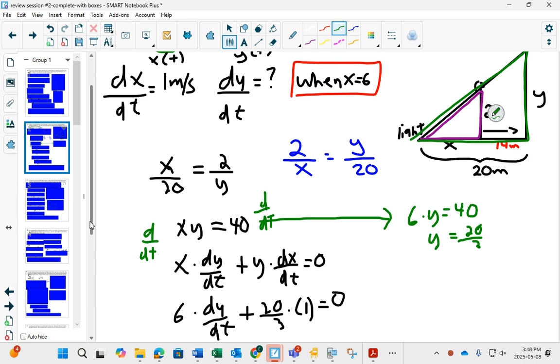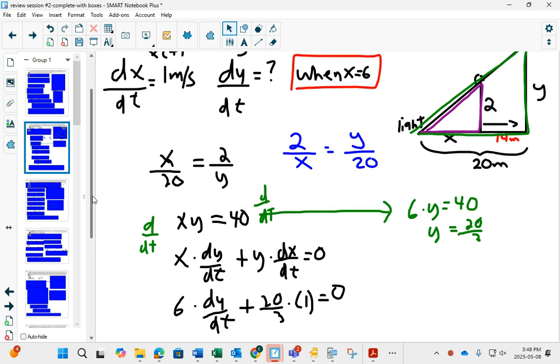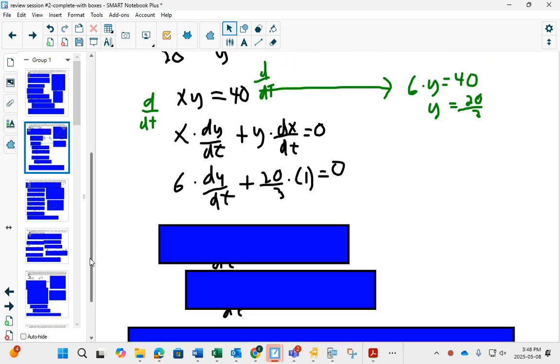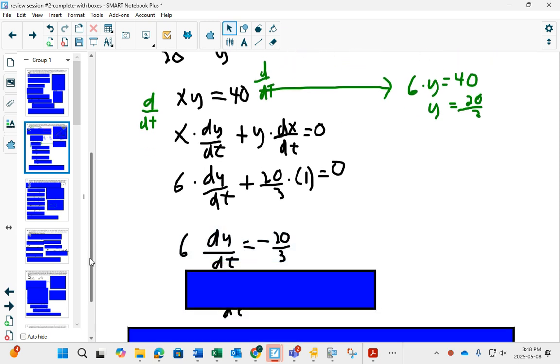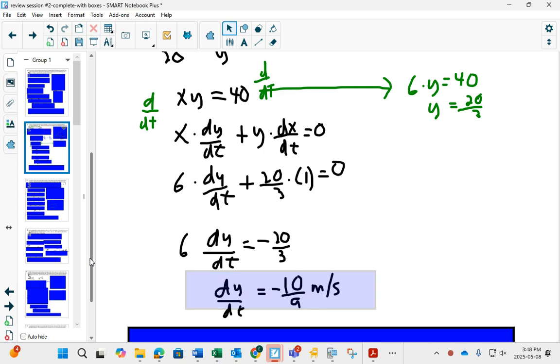If x is 6, the only thing that makes sense for y to keep it at 40 is 40 over 6, which reduces to 20 over 3. Plug in everything you know, the only thing you have left to solve for is dy/dt, and you get your value.